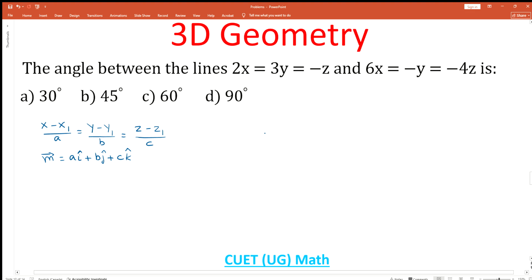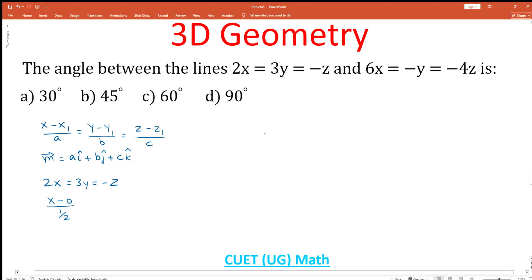Let's start by analyzing the first given equation. 2x equals 3y equals negative z. This equation can be written in Cartesian or symmetric form as x minus 0 over 1 over 2. As you can see in the general equation, the coefficient of x is 1.